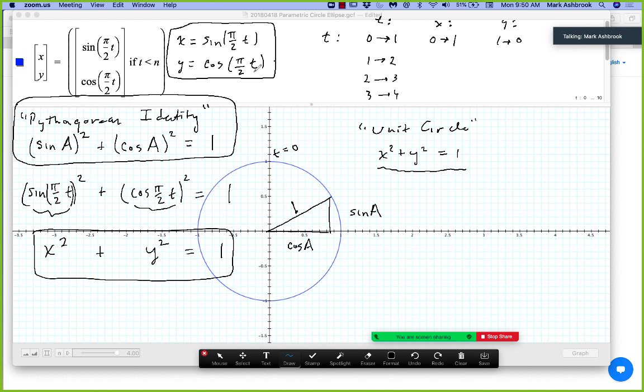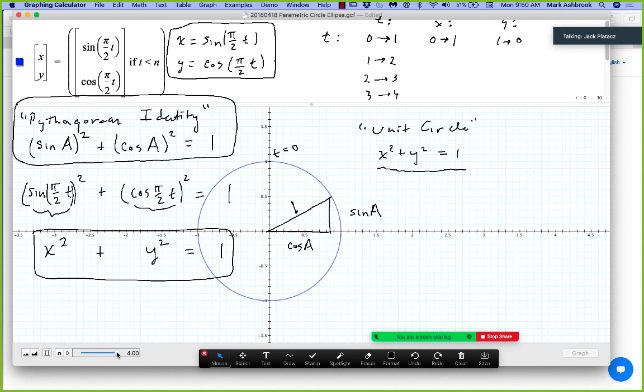Okay, and so the parametric function has something that this x squared plus y squared equals 1 equation does not. I think we mentioned this last time also. What is it that the parametric function has in terms of the graph that the plain x squared plus y squared equals 1 equation of the circle does not have?